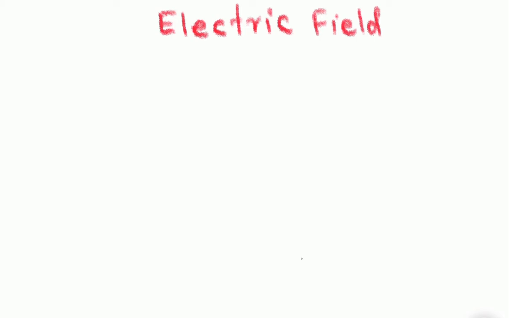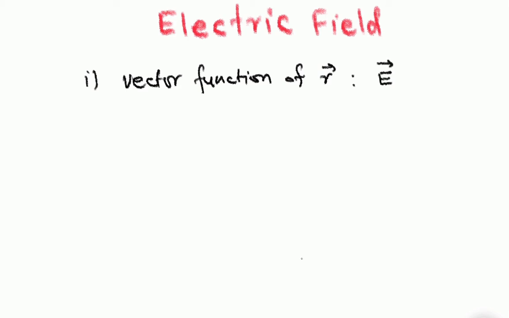So it is measured in two ways. First, in terms of a vector function of position r, and it is called electric field intensity.